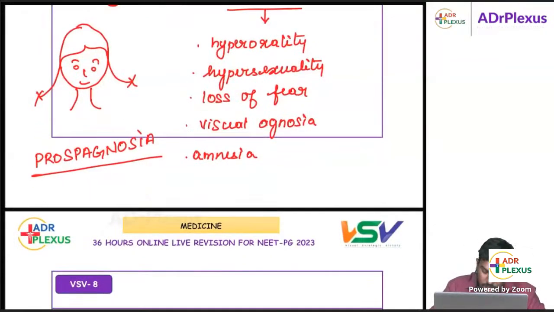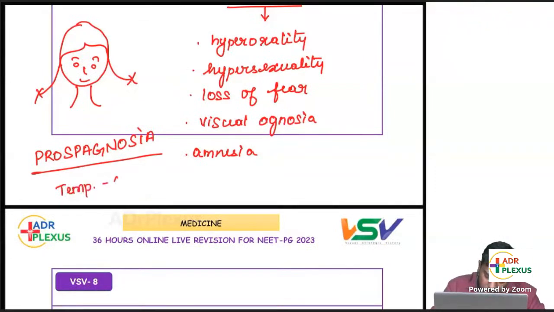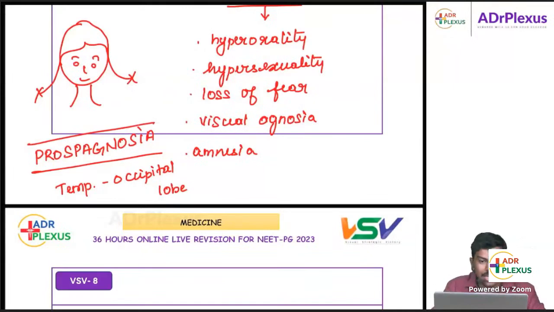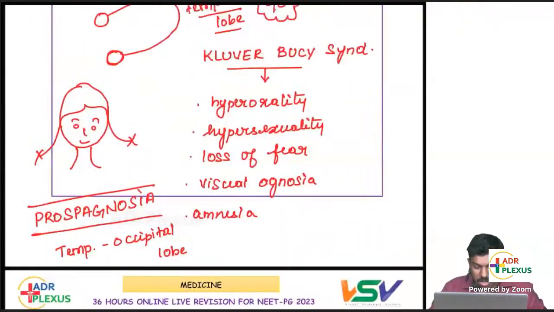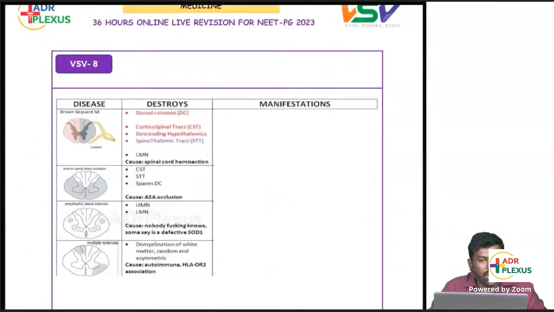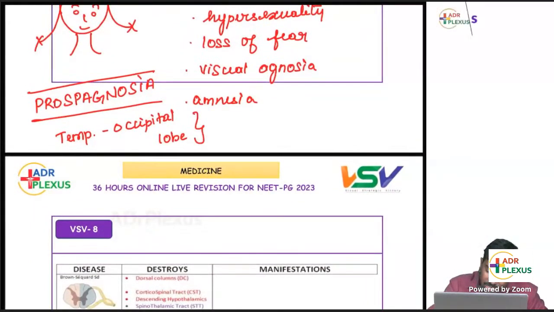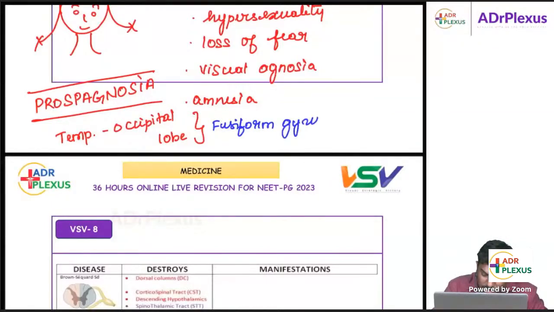At the junction of the temporo-occipital lobe, specifically the fusiform gyrus. So this is about the important things in your brain. This is about prosopagnosia, and we will go into the next topic.